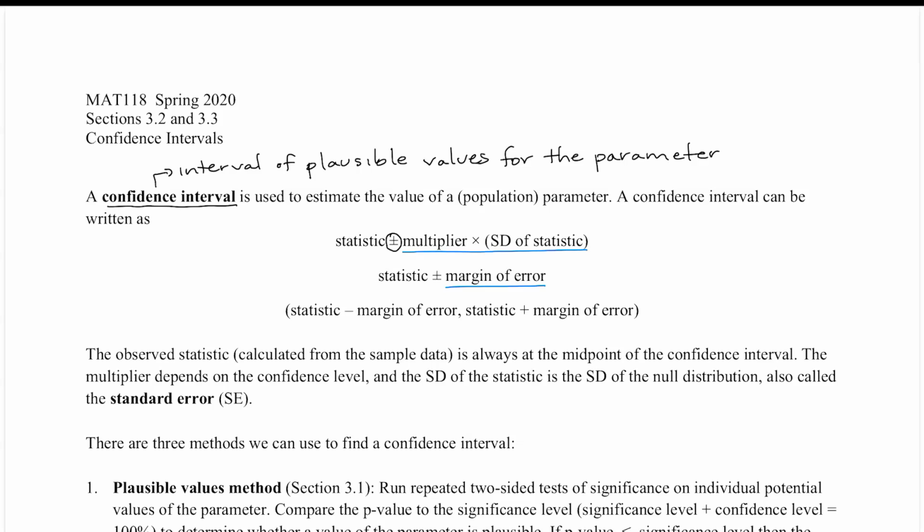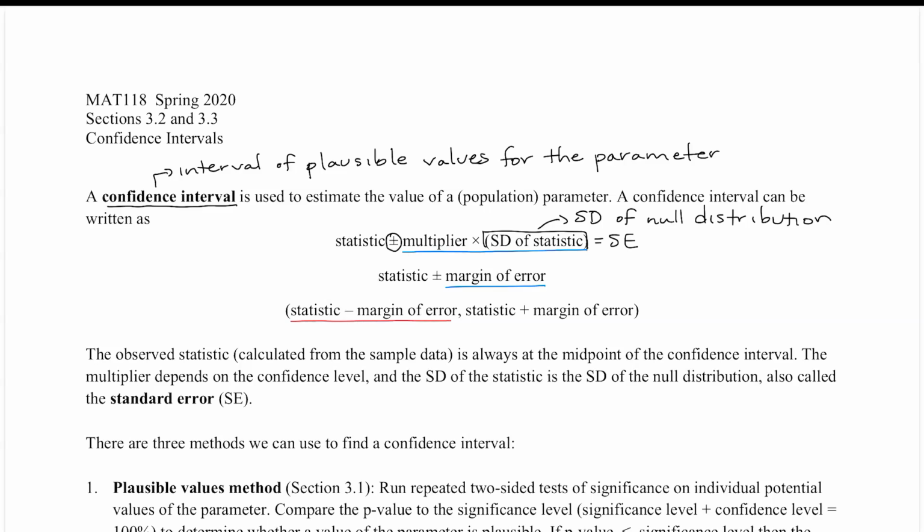The multiplier, as it says below, depends on the confidence level, and we don't really need to worry too much about the multiplier. And then the standard deviation of the statistic, that is the standard deviation of the null distribution. And that has a new name now. We could call it the standard error and abbreviate that with SE.